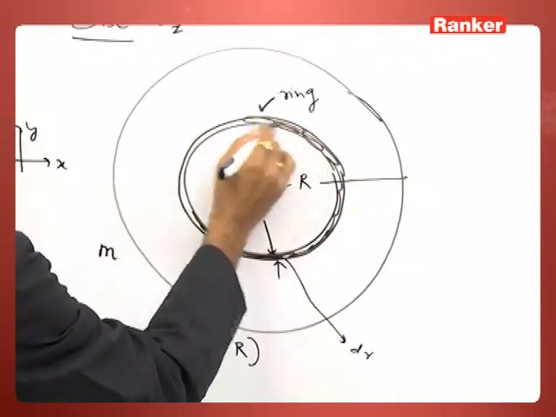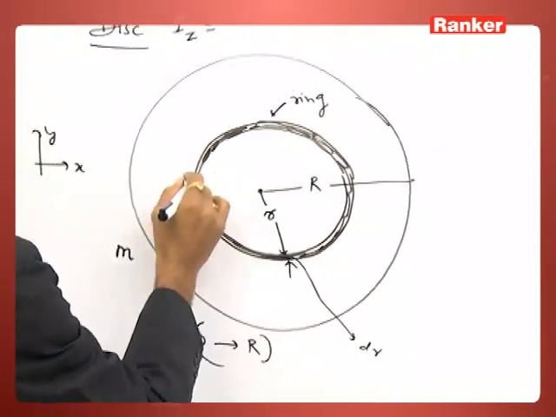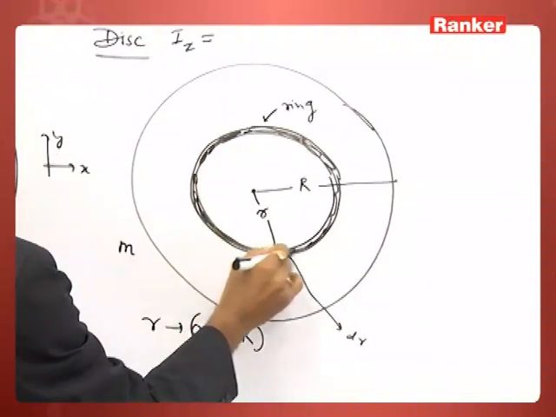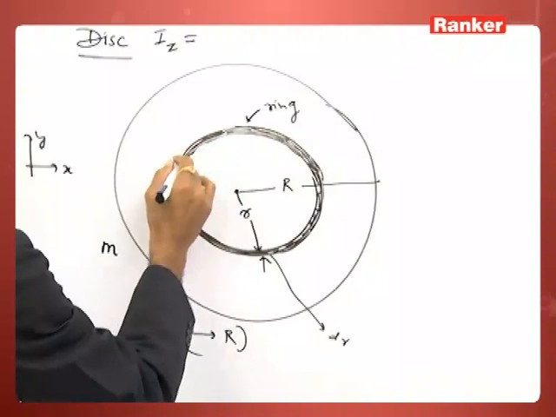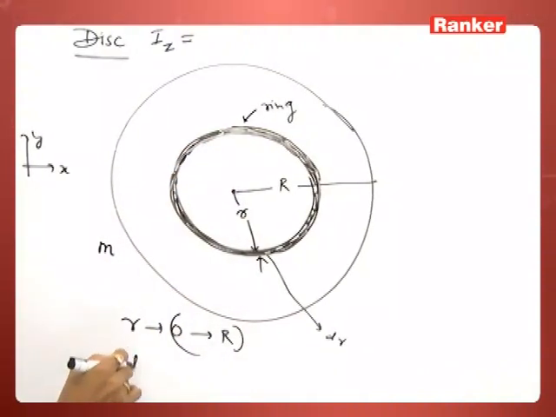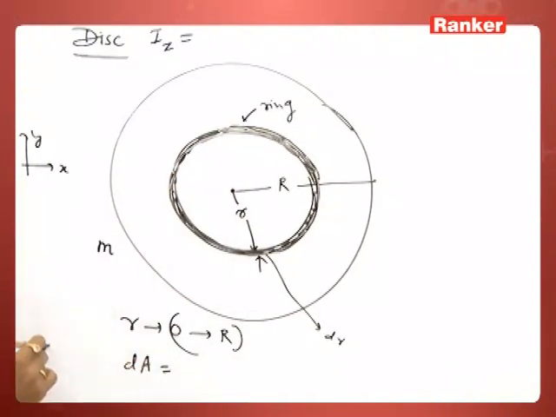And the area of the ring can be given by dA, the area of the ring.